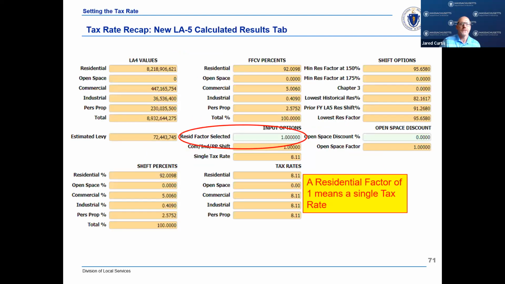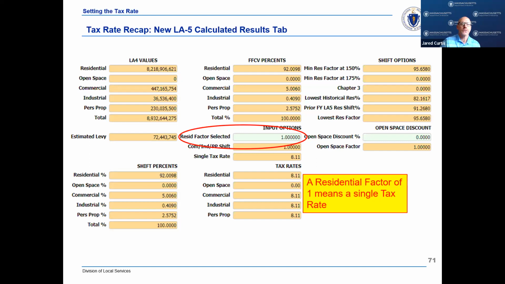The Calculated Results tab looks exactly like the old LA5. Based on the information that is input into the Tax Rate Options tab, the Calculated Results tab computes the final LA5 form. No data entry is required on the Calculated Results tab of the LA5. During your community's classification hearing, a residential factor is determined.